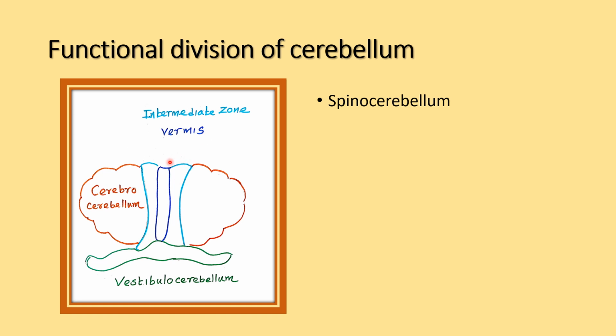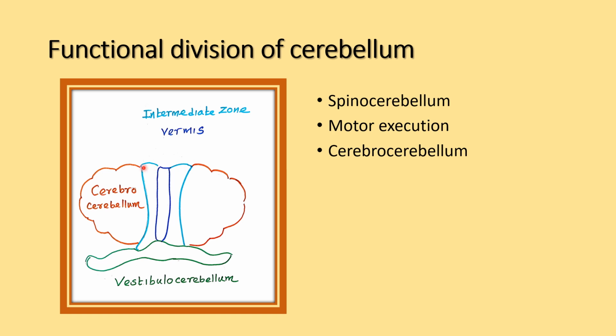The vermis and intermediate zone are combinedly called the spinocerebellum. It is important for motor execution. The vermis controls the motor activities of the proximal limb, and the intermediate zone controls the motor activities of the distal limb.